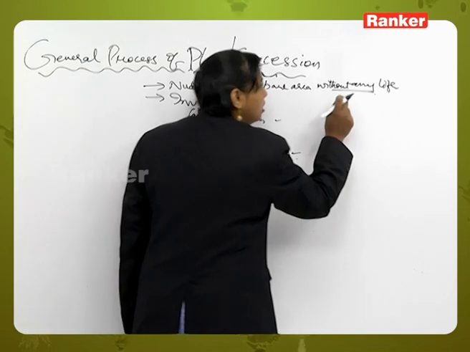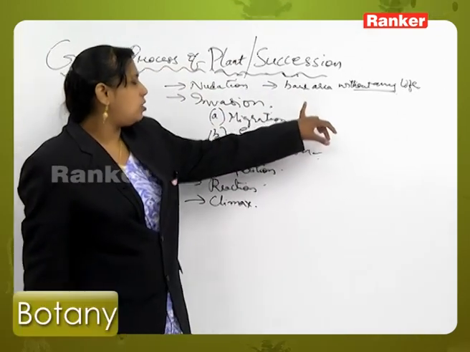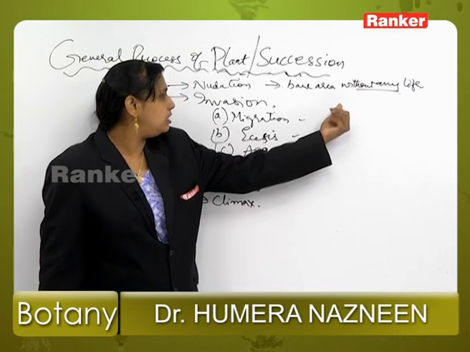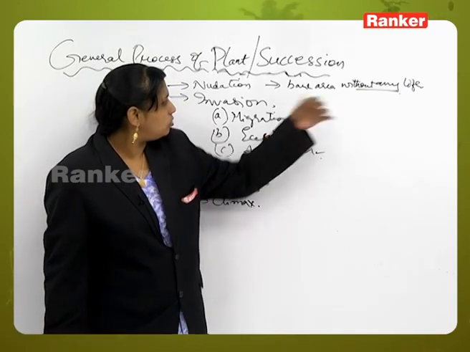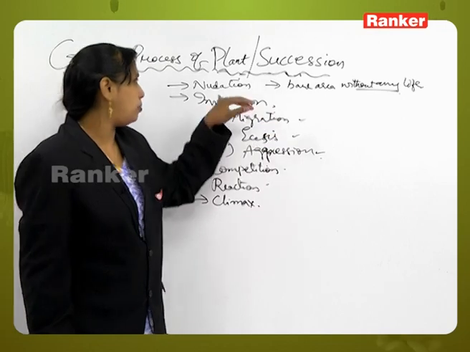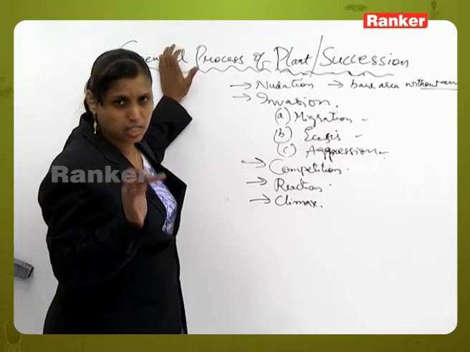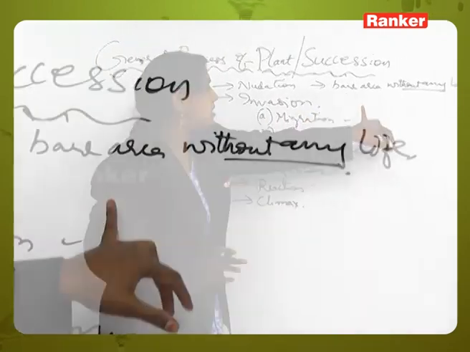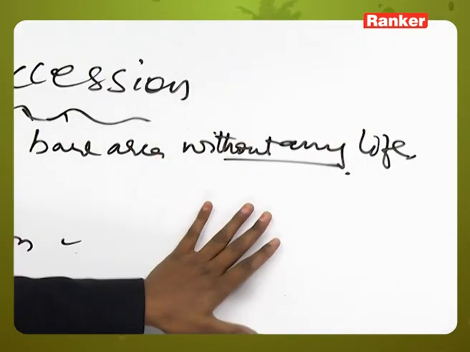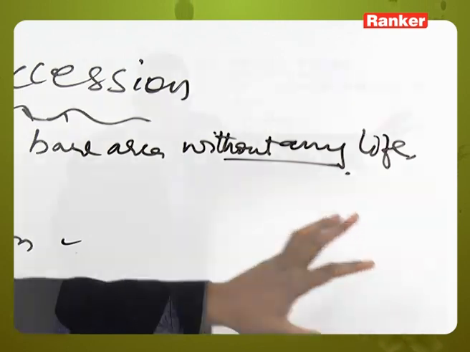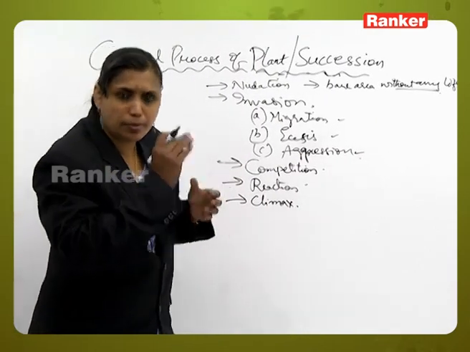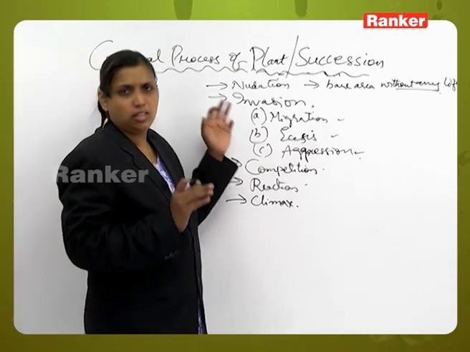This is brought about by several climatic and biotic factors. These may also lead to the starting point of succession, like primary succession. We said primary succession occurs in bare area. So nudation is the process where succession starts, the development of the bare area without any life existing there, and these changes may occur because of some climatic and biotic factors. The primary succession starts at the nudation stage.